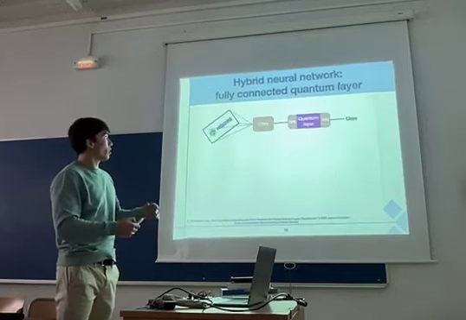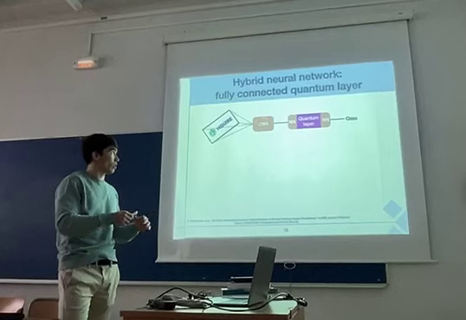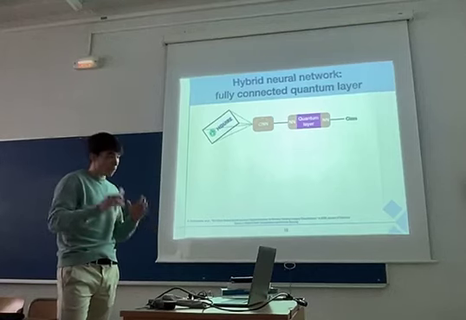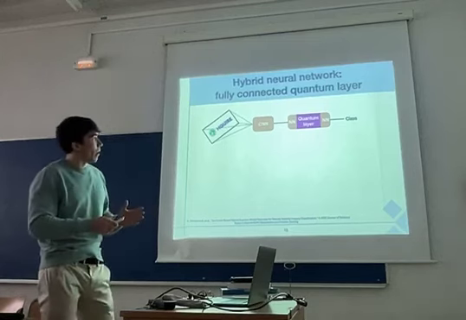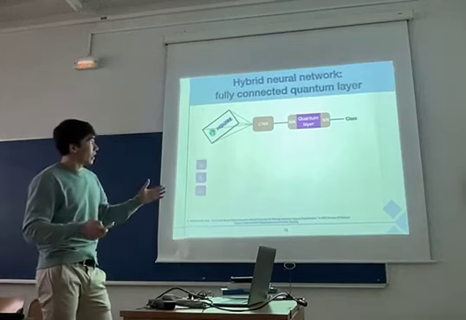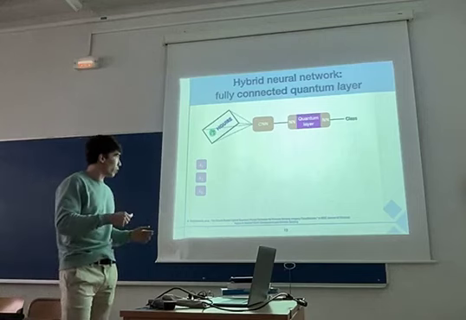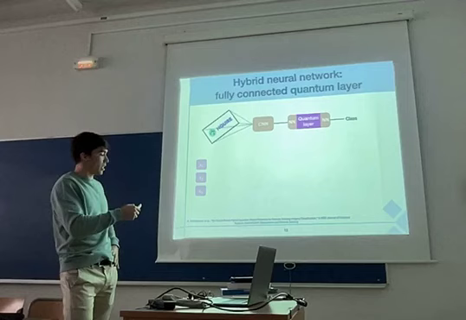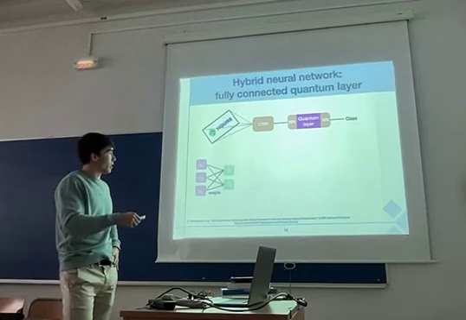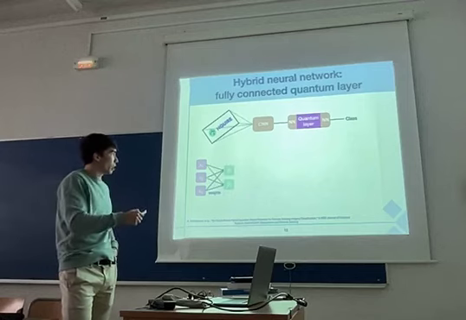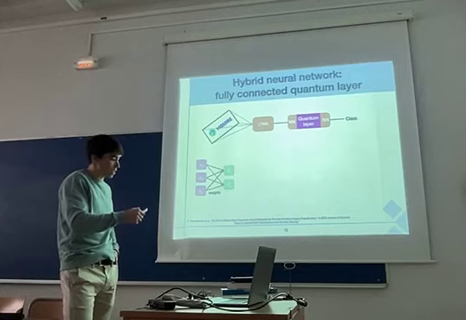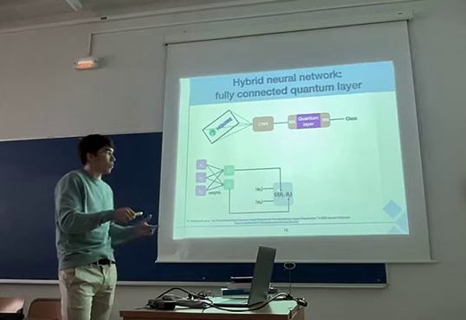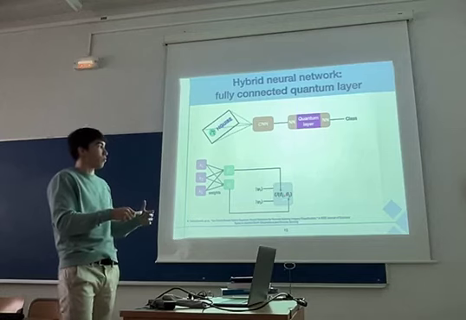The second approach is, okay, the convolutional neural network is fully classical. Now I introduce the quantum layer in the fully connected layers part. Just imagine in between the fully connected layers, I have the weights. This is like a typical neural network, and these parameters, I use them as the rotation angles in a quantum circuit, as parameters in a parameterized quantum circuit.